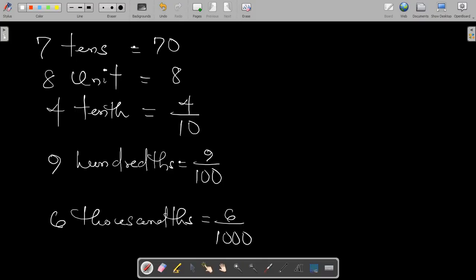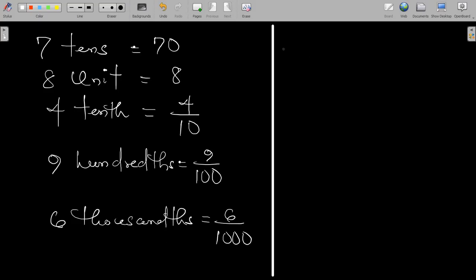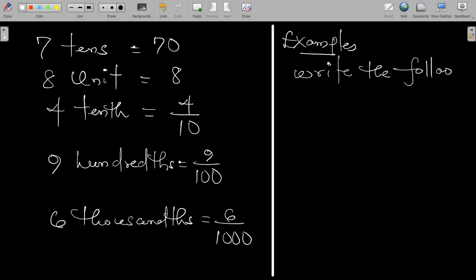Okay, actually we are through with that. So now let us solve some examples. So I want us to write the following in decimal numbers. Let's go. So let me see, write the following in decimal numbers.